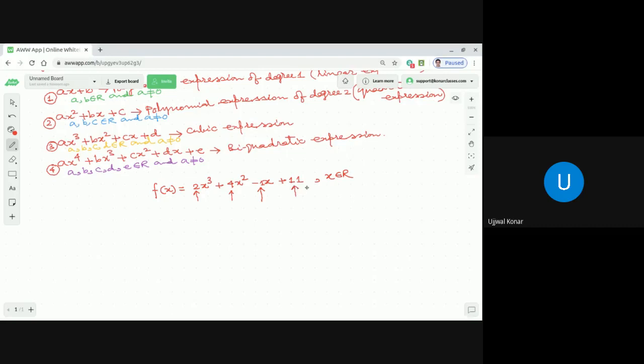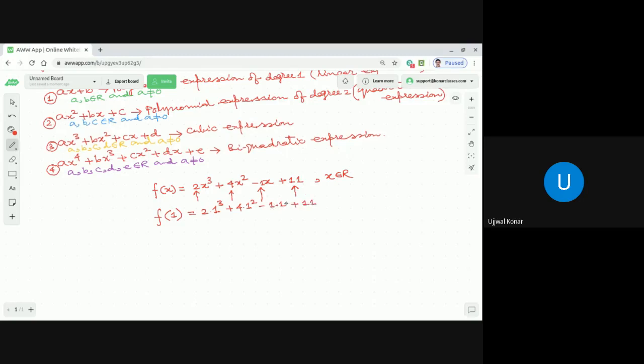Now, as x belongs to real numbers, for any value of x we can find the value of the expression. Suppose I want to find the value of the expression for x equal to 1. Then what will we get? We will get 2 into 1 cube plus 4 into 1 square minus 1 into 1 plus 11.